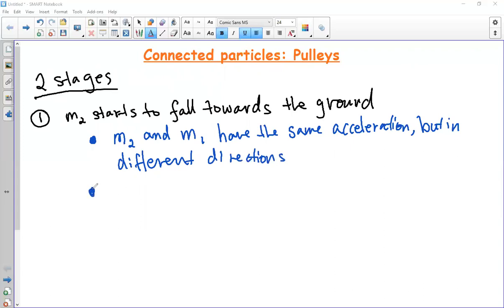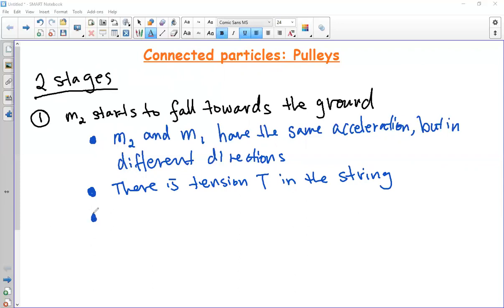Second point, there is a tension in the string. So there is tension T in the string, or you could say there are tensions attaching to each box.